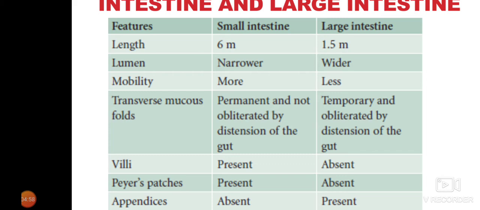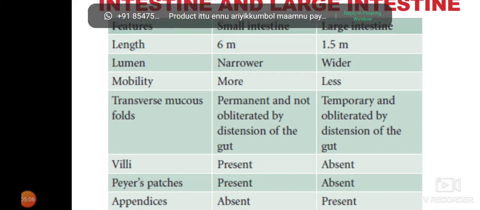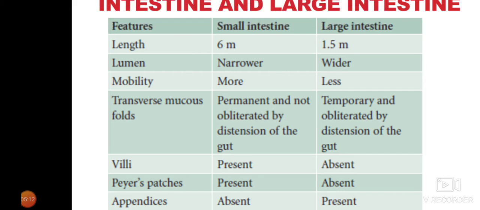The small intestine will be more movable. So mobility is more in the small intestine, because we know it has three different parts: duodenum, jejunum, ileum, in which the duodenum doesn't have any peritoneal fold, but the jejunum and ileum have mesentery.